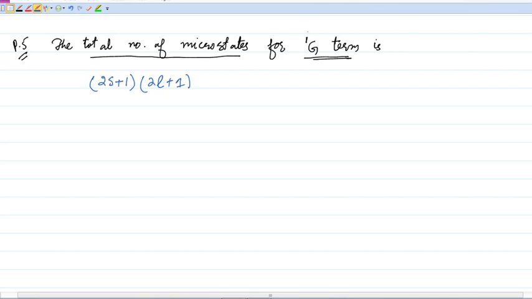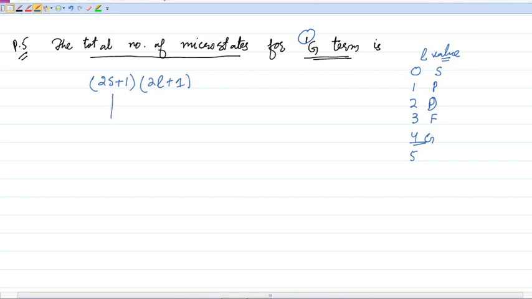Here 2s plus 1 is given by 1 value, so you will write 0, 1, 2, 3, 4 as S, P, D, F and G. So L value for this G will be equal to 4.